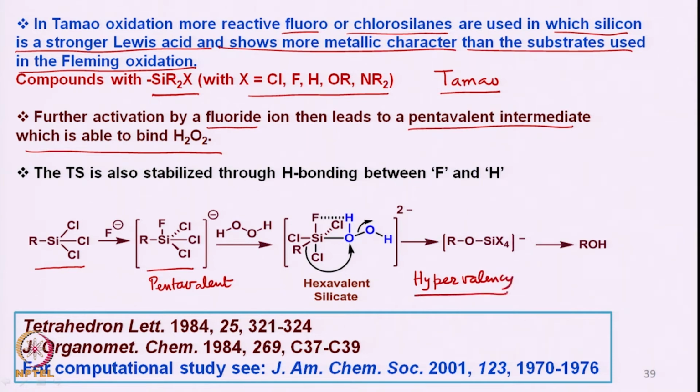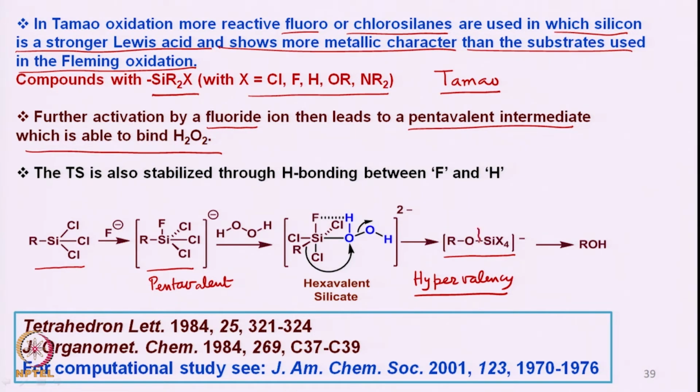So one can start with a tetravalent silicon going to pentavalent and then to hexavalent silicate ions, and then there is a transfer of the R group, which is supposedly a chiral group if one starts with a chiral substrate, to the corresponding oxygen which is attached to the silicon, and then there is a loss of OH minus and we get an intermediate of this type where the R group has been transferred onto the oxygen which is attached to the silicon.